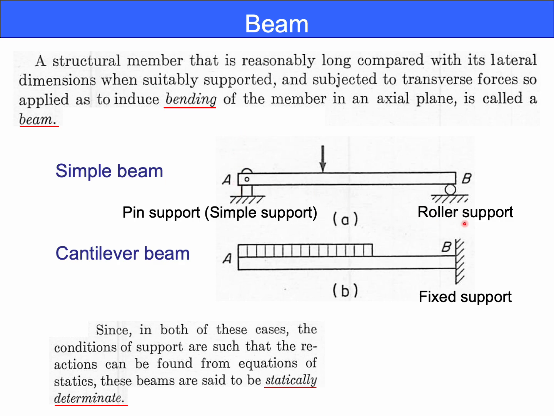On the other hand, the roller support is less restrictive. It prevents only vertical movement. This means that the vertical movement is restricted, while allowing the beam to move horizontally and rotate.